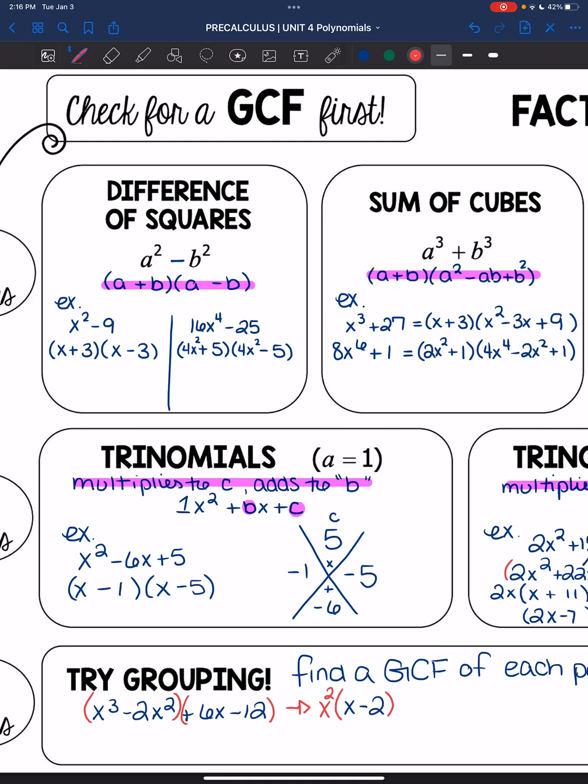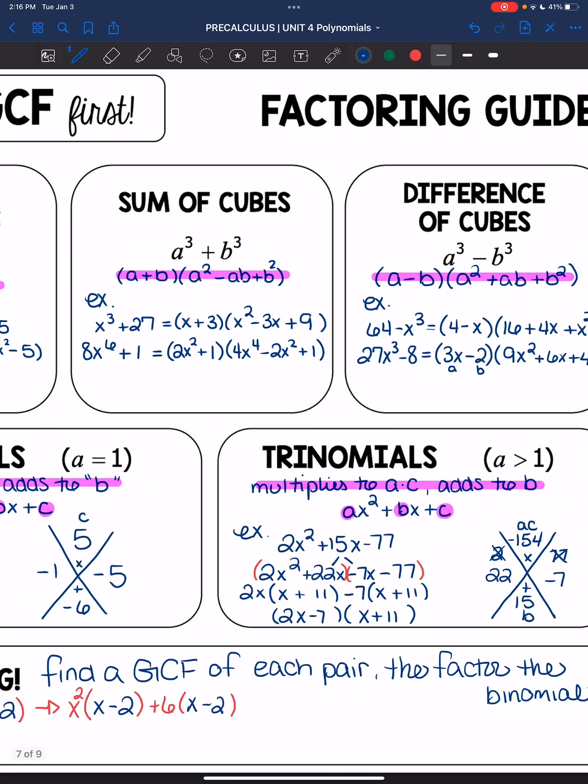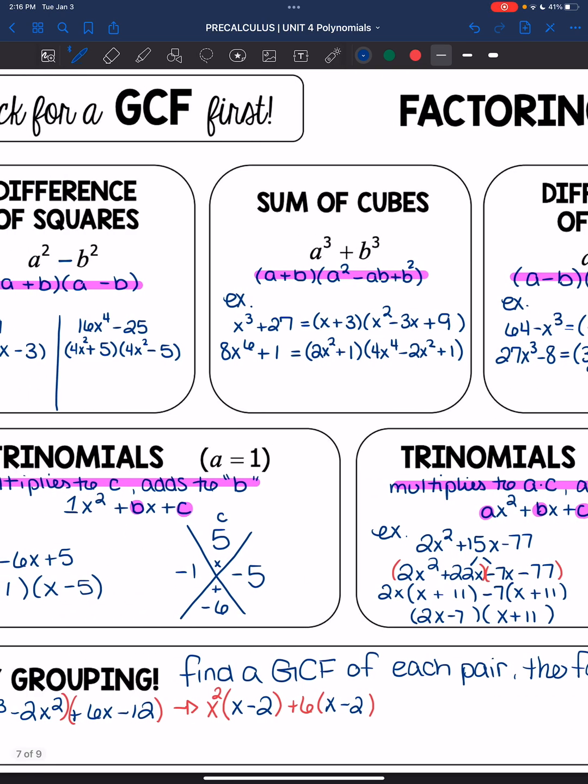And then from our second grouping, let's see what can I factor out of that second pair? It looks like I can factor out a positive 6. And then inside what is left, looks like just an x minus 2. Oh, look at there. It's just like when we were working with our trinomials.